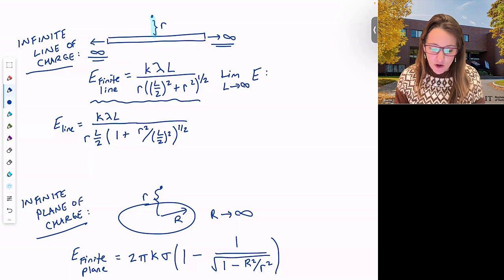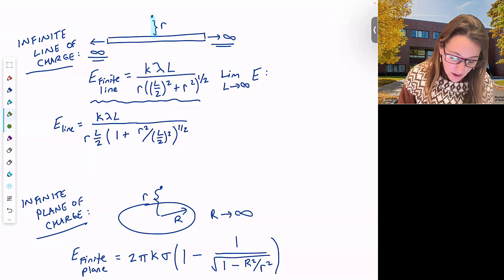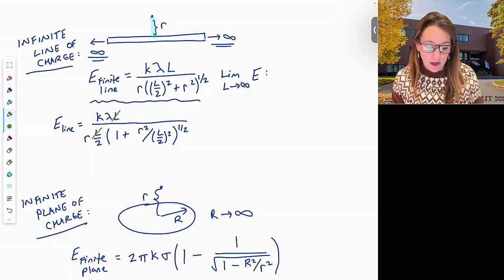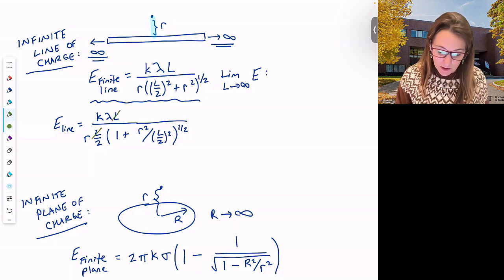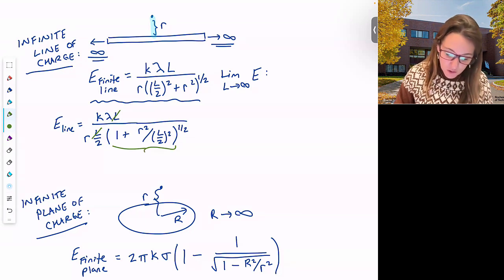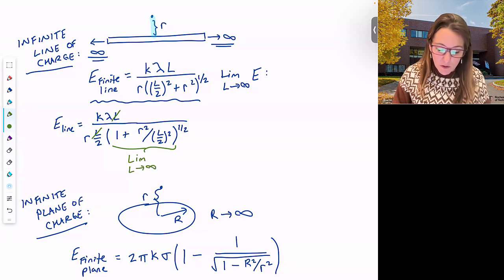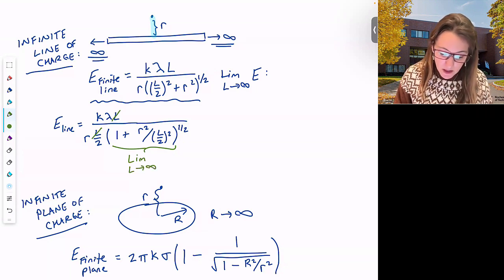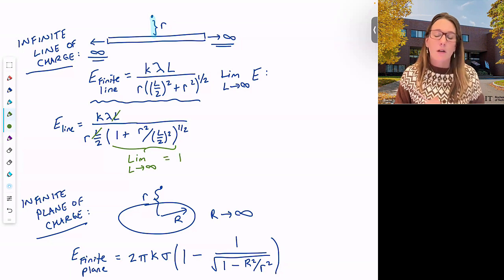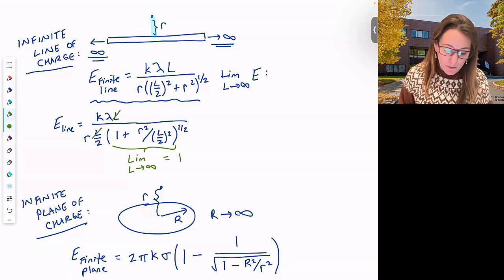If this is our result for the line, then on the left side, the L cancels itself, and so now we have something that's an easier limit to take. The limit of that last term as L goes to infinity goes to 0, and then that just becomes 1.